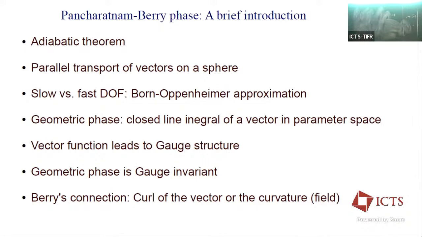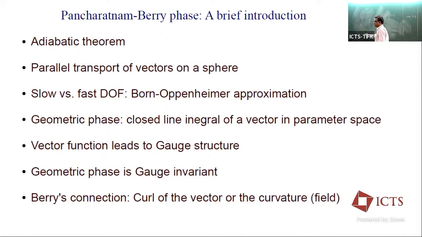You can choose the gauge, because to any vector field A you can add the gradient of a scalar to make another vector field, and then the curl of that will remain the same. But the curl is what is physical, what you measure, that is the field. So this is called curvature, and this is called the connection, Berry connection. Am I right? Berry connection and curvature. So curvature is what matters in physical realization or in measurement. So Berry showed that this is gauge invariant.